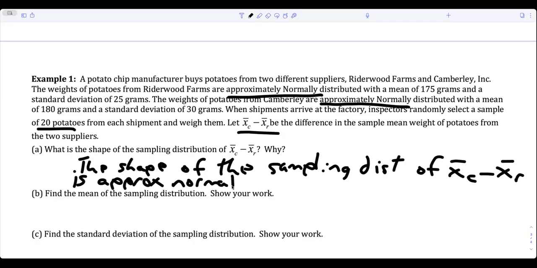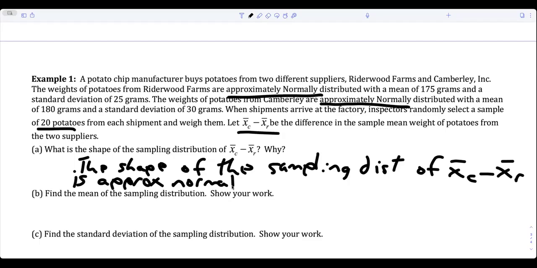And why is it approximately normal if my sample size is only 20? What does it say? It says what is approximately normal? Not the sampling distribution, but it says that the population is approximately normal. And so if the population of both of these are approximately normal, then the sampling distribution also has to be approximately normal. And it doesn't matter what the sample size is.